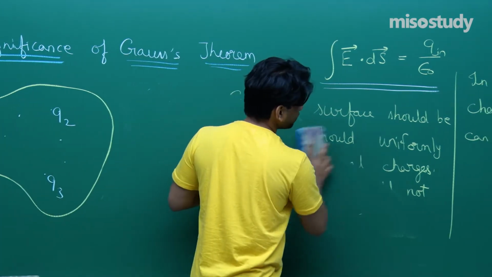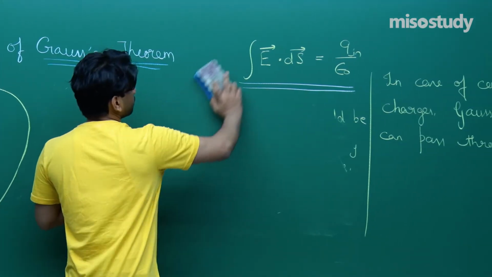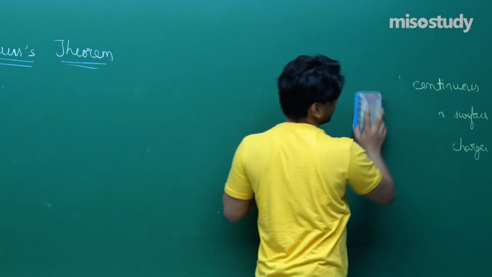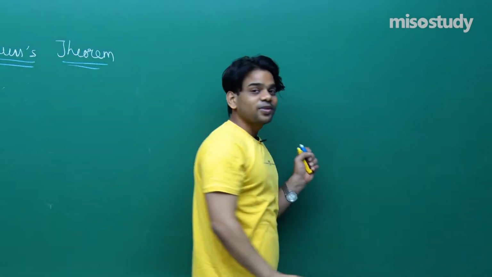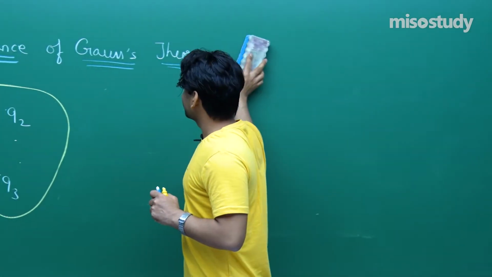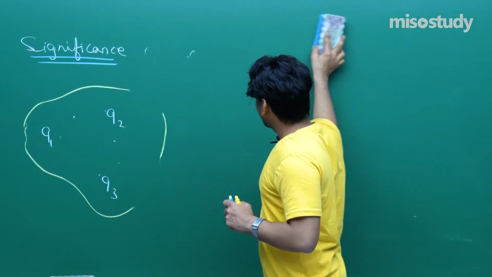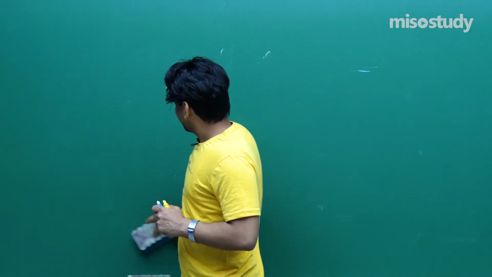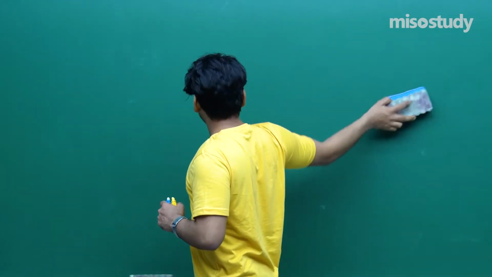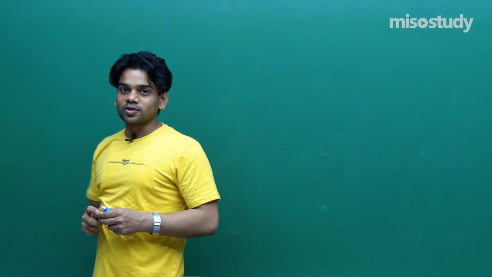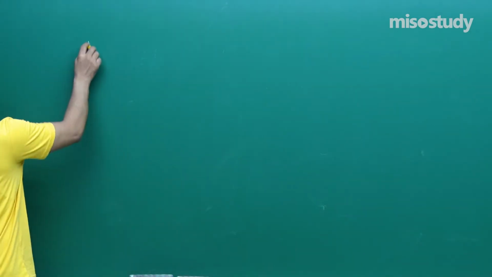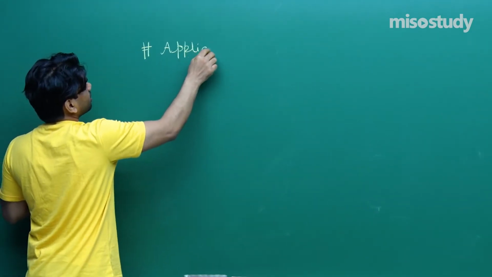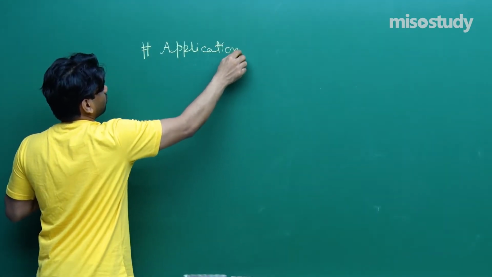These are some important points which we will be using in this lecture, in this topic. Now, after giving you such details about the usage and significance of Gauss theorem, let's proceed with the applications of Gauss law.